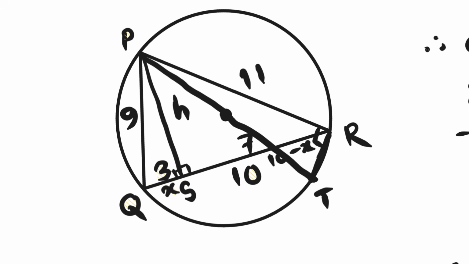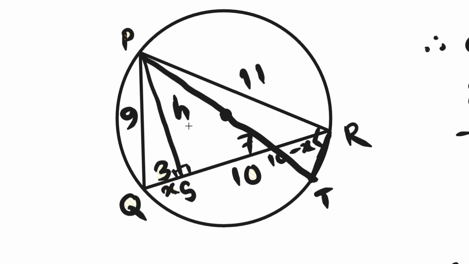Let's identify those corresponding sides carefully. The hypotenuse of the smaller triangle PQS is PQ, which is 9 units. The hypotenuse of the larger triangle PRT is PT, which is the diameter of the circle, so its length is 2r. Also, the side PS in the smaller triangle corresponds to PR in the larger triangle.